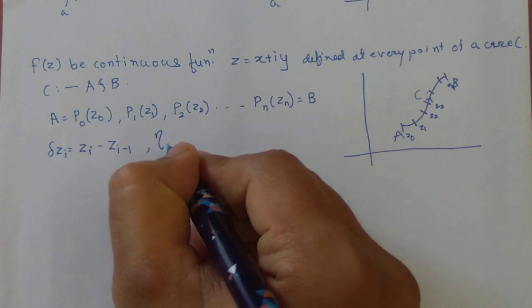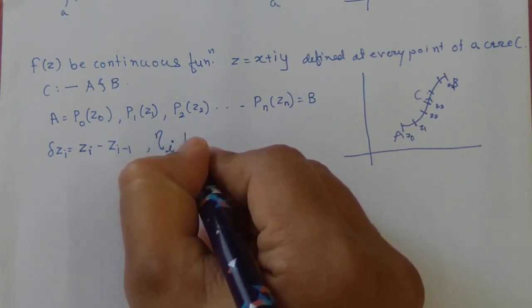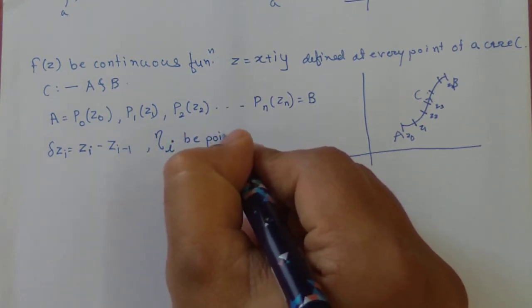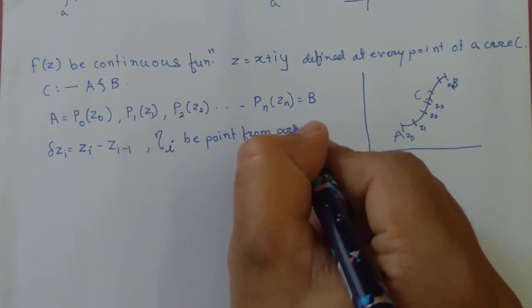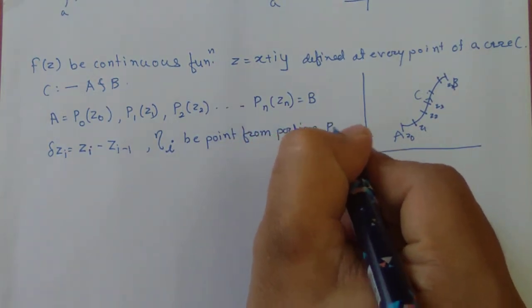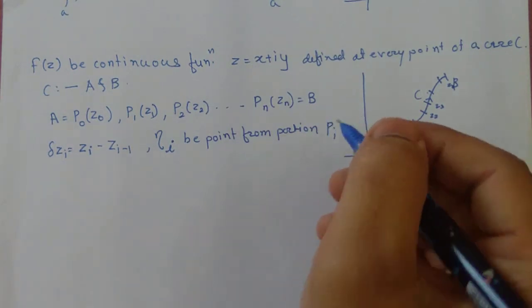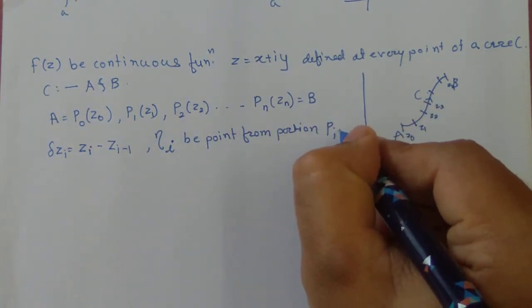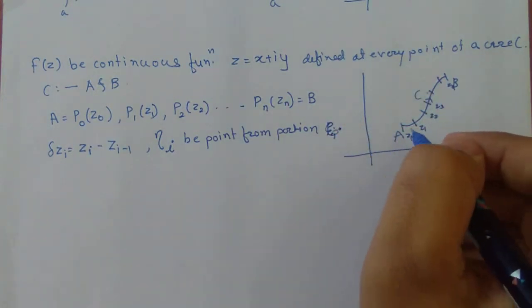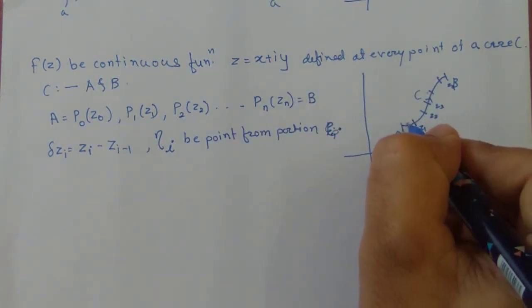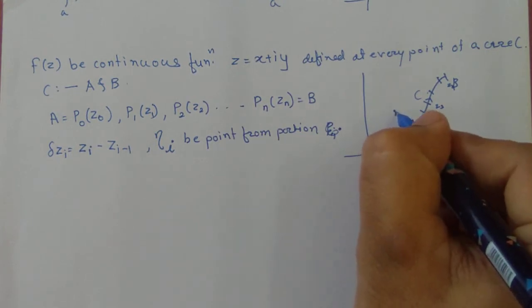Then let eta i be a point from partition Pi. From any of these partitions, for example, this is my first partition, so I am going to select a point eta 1.